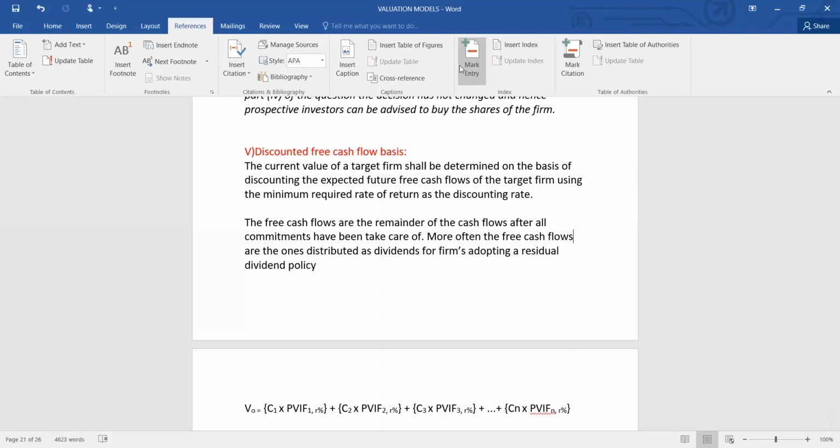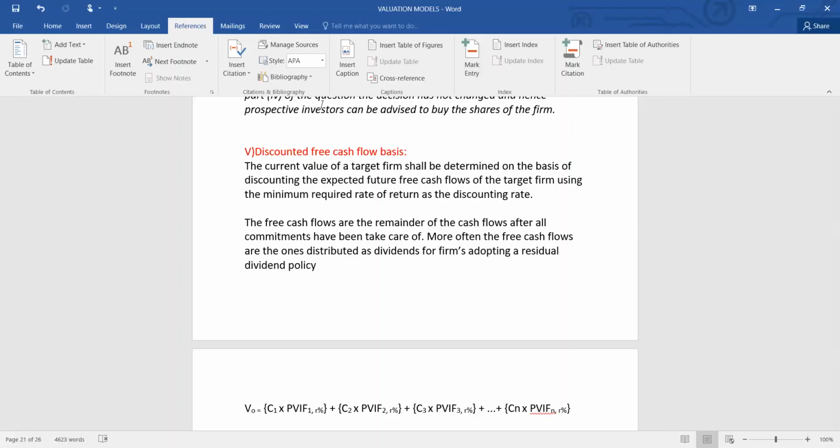Now, using the fundamental principle, the current value of a firm is the sum of the present value of the expected future free cash flows. The current going concern value of the firm is the sum of the present value of the expected future free cash flows discounted at a given rate of return.